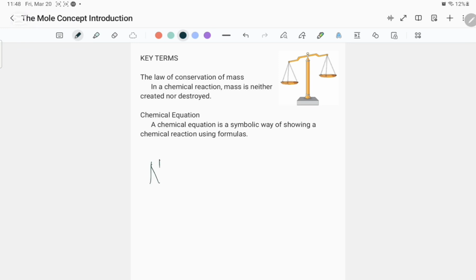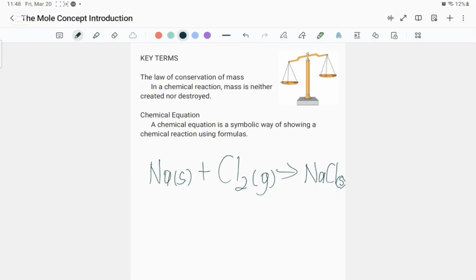We have sodium plus Cl2 gas, which will give you NaCl. This is the salt that we use in cooking. So all the food lovers out there, all the cooks out there, this is the chemical equation of the salt you'll be using, which is sodium chloride.